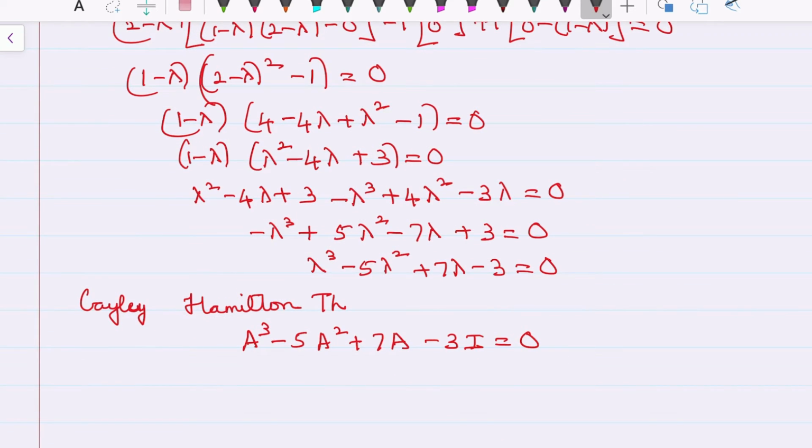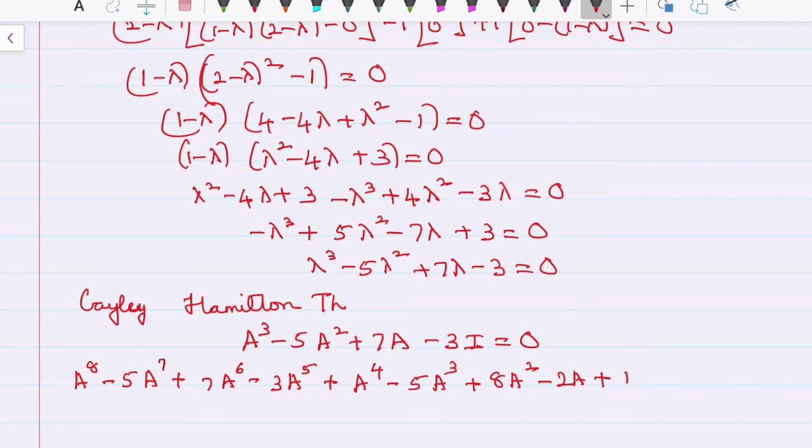Now coming to the matrix which we are given, it looks complicated, but actually it's not. A raised to 8 minus 5A raised to 7 plus 7A raised to 6 minus 3A raised to 5 plus A raised to 4 minus 5A cubed plus 8A squared minus 2A plus I. You can take out the A raised to 5 and write it as (A cubed minus 5A squared plus 7A minus 3I).